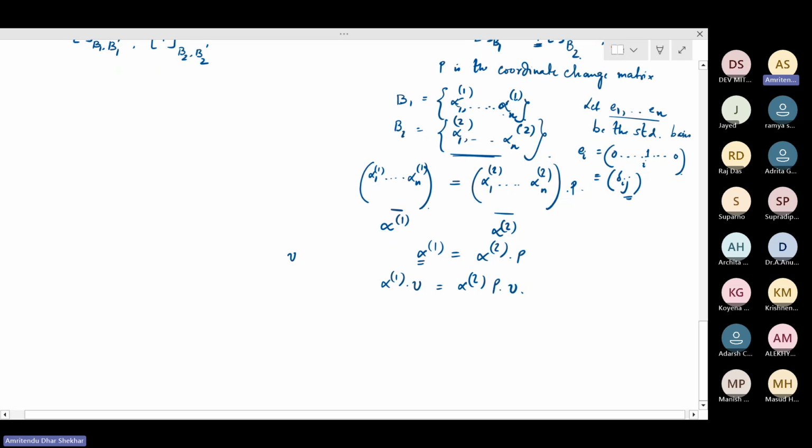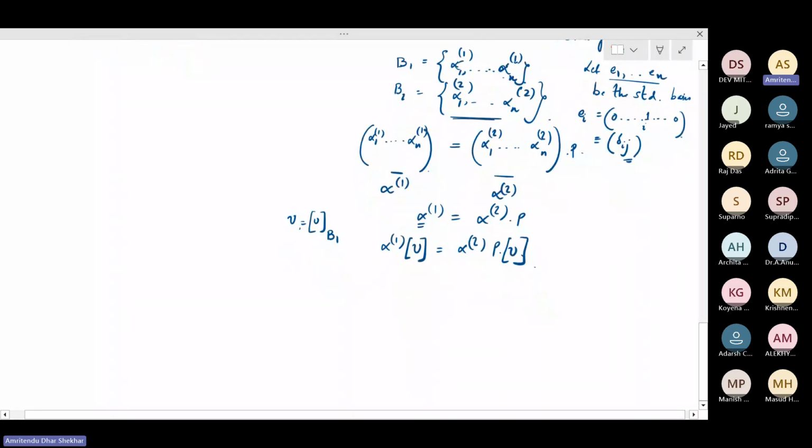Actually, I should write it over here like this. If you had a vector V whose coordinates with respect to B1 were this, then for the same vector, its coordinates with respect to B2 are related by this formula.